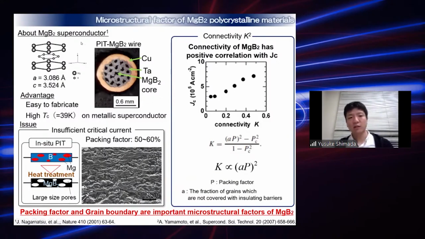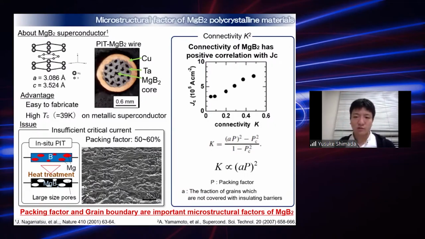Okay, in this slide, let me briefly describe the microstructure factors of MgB2 polycrystalline materials. So the advantages of MgB2 are that it is easy to fabricate and has a high Tc among metallic superconductors. But the critical current is insufficient for practical use because the packing factor is only 50 or 60% when fabricated by the in situ PIT method.